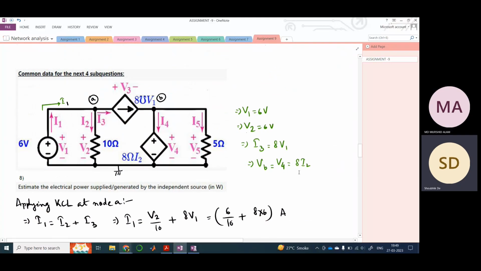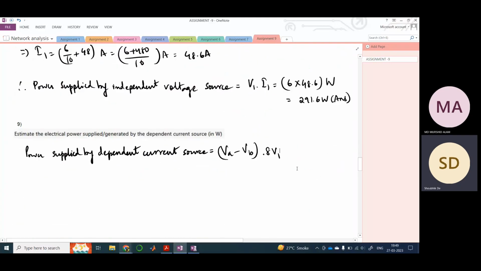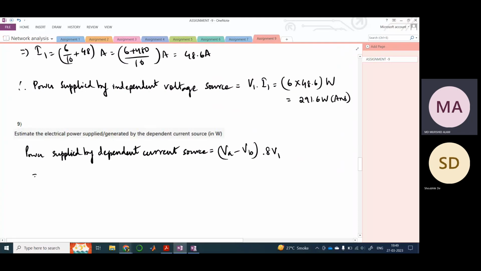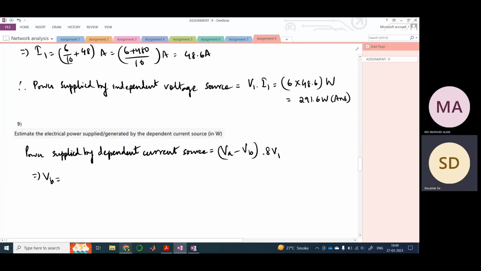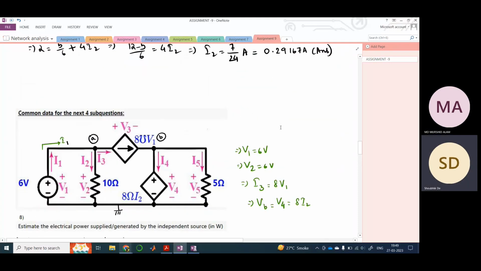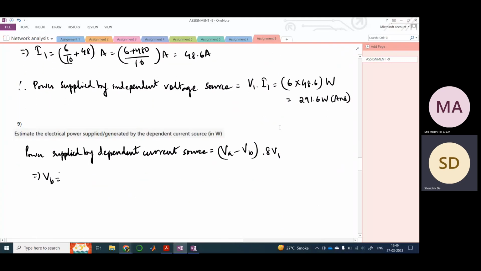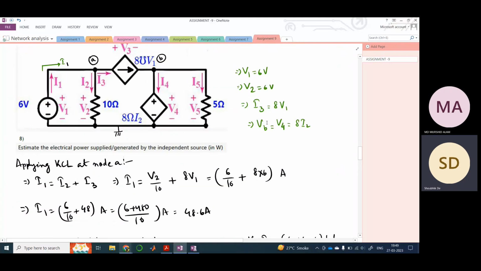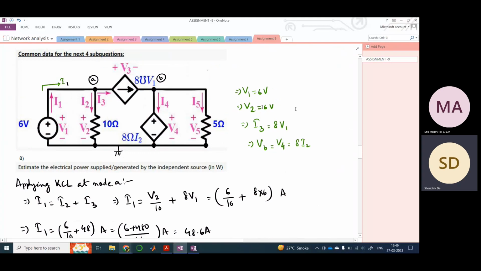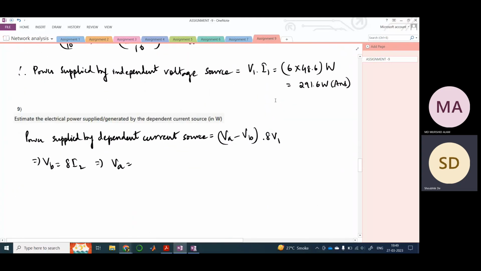So VB is nothing but 8I2, we saw it earlier, or V4 rather, 8I2, and your VA is nothing but 6 volts. So V2 is equal to VA only, so it's nothing but 6 volts.